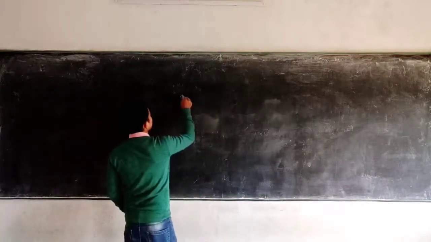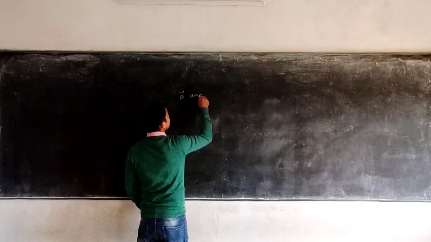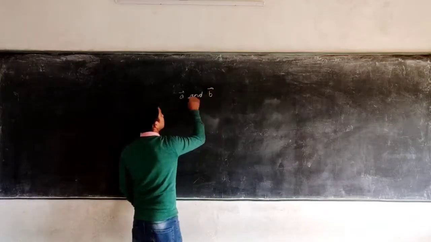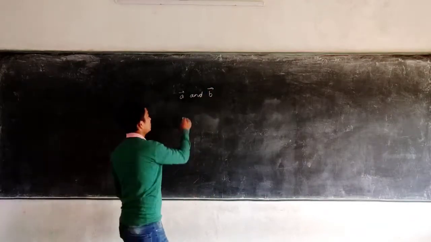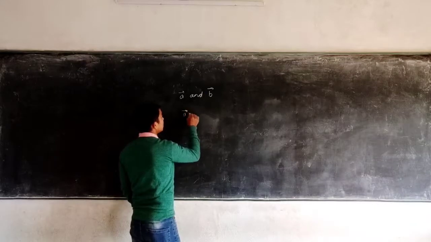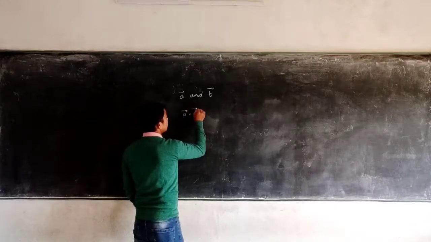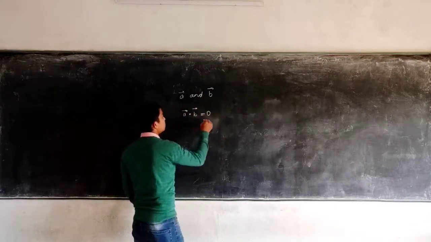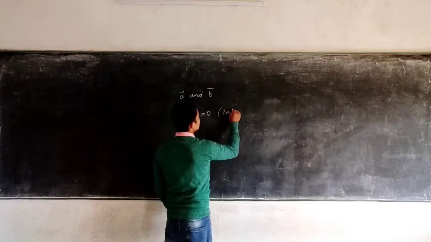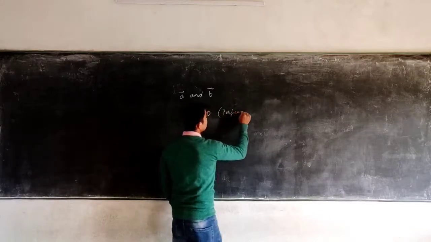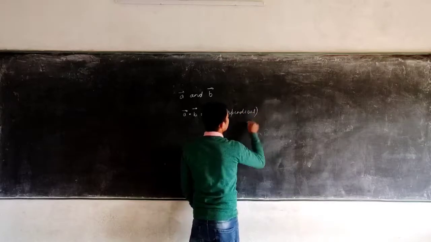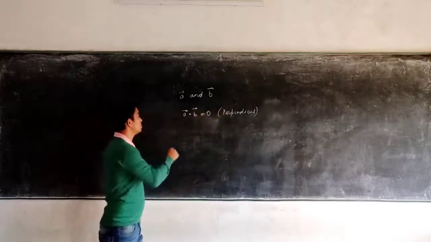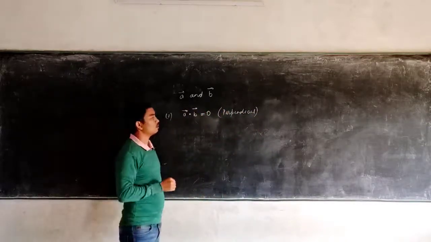Suppose you are given two vectors, vector A and vector B. If I get vector A dot vector B equal to 0, it means that the two vectors are perpendicular to one another. Okay, so this is the first condition for perpendicularity.